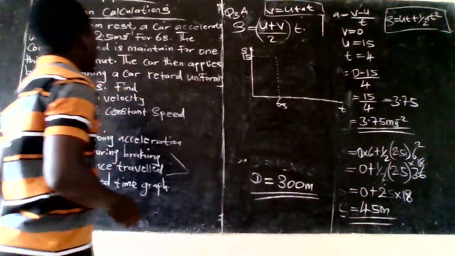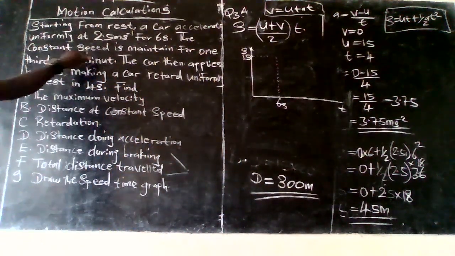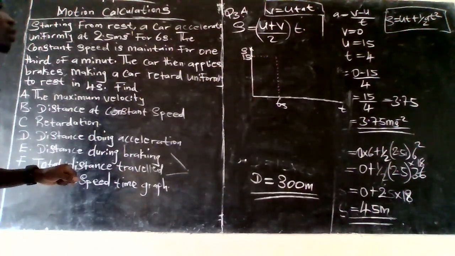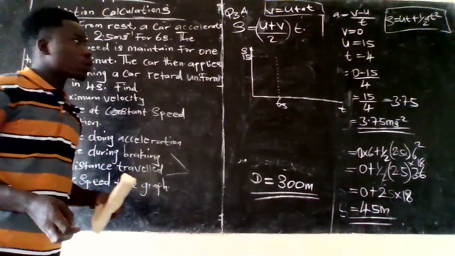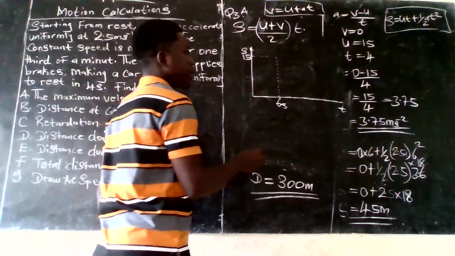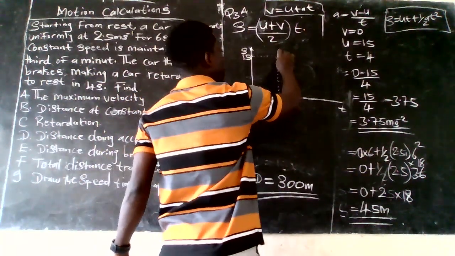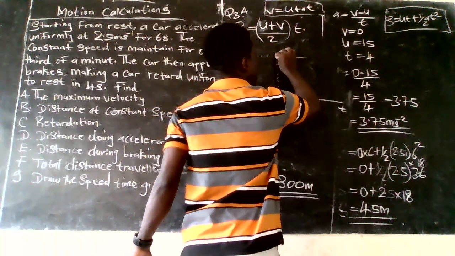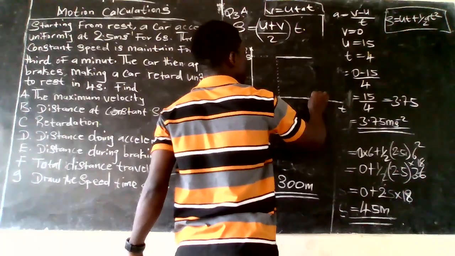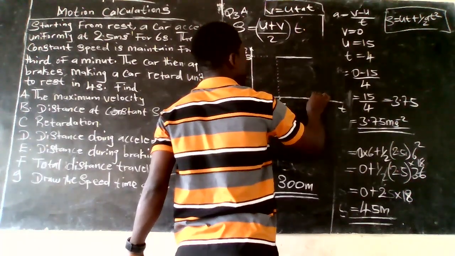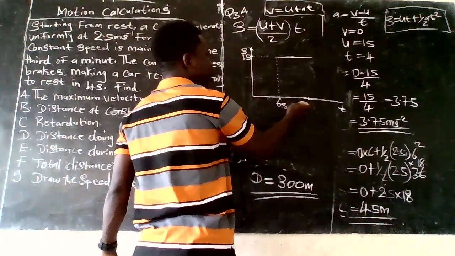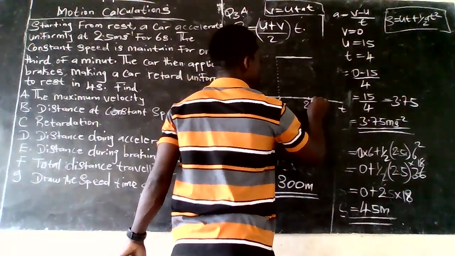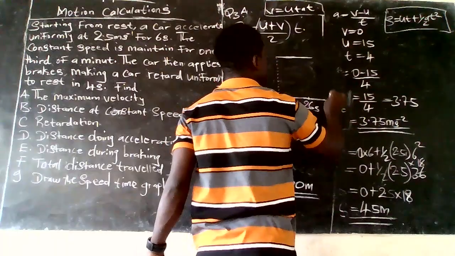Then the constant speed is maintained for 1/3 of a minute. So 1/3 of a minute is 20 seconds. We draw here, and here is supposed to be 20. We add 20 plus 6, which gives us 26 seconds.